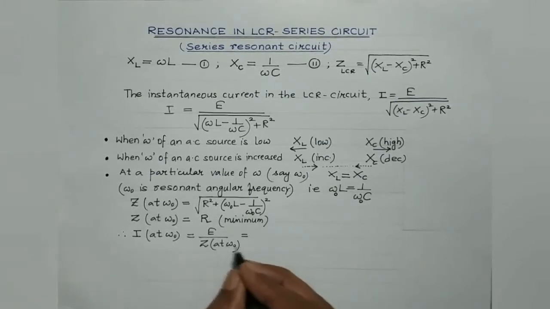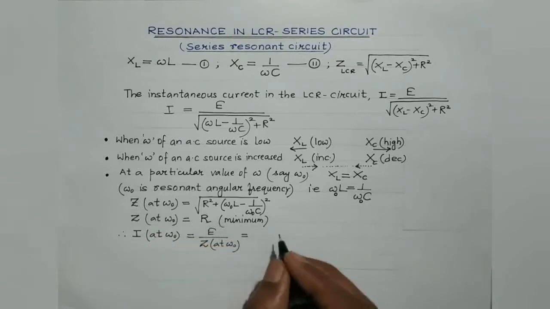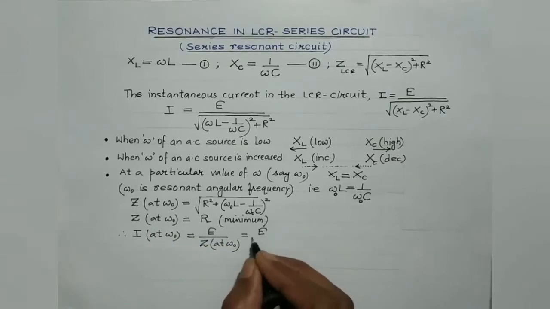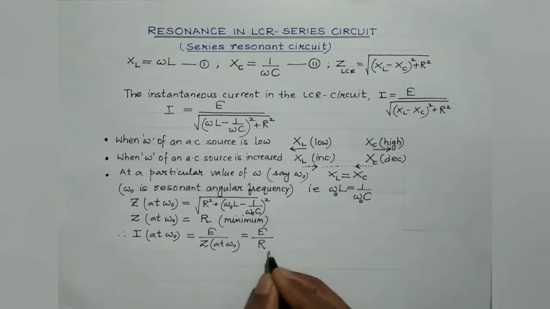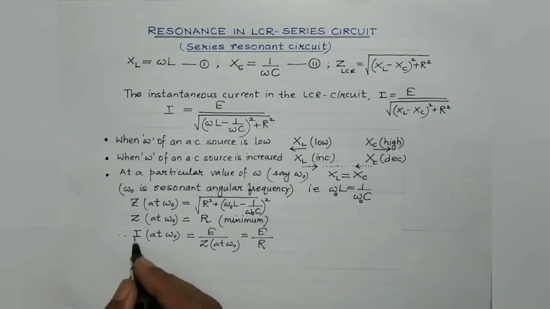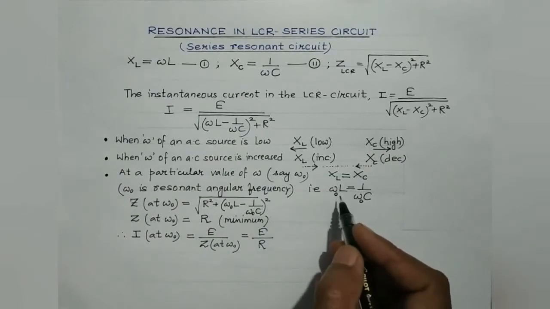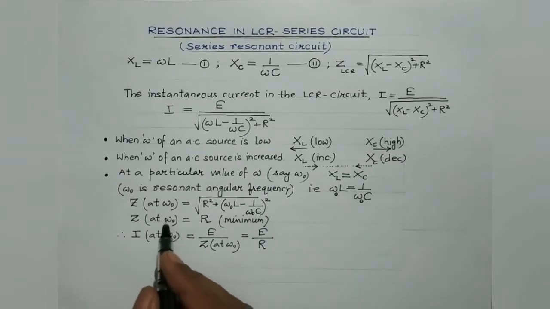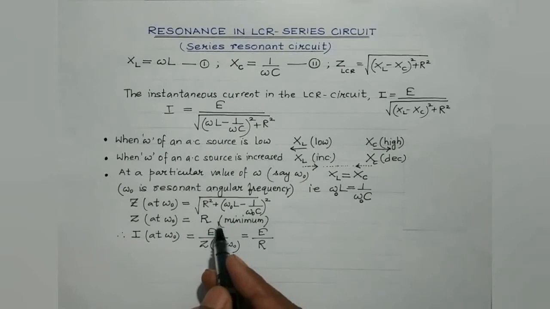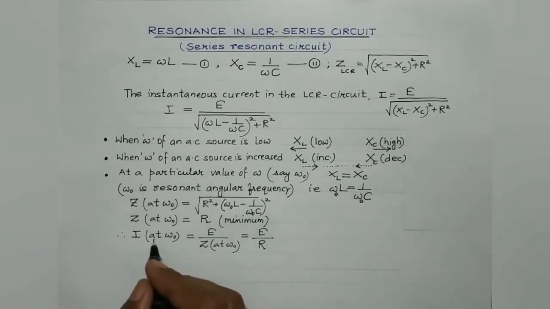And the impedance at the resonant angular frequency is R, which is minimum. And since R is minimum, therefore current would be maximum. So at the resonant angular frequency, the impedance offered by the LCR series circuit is minimum, and thus the current flowing through the LCR series circuit is maximum.